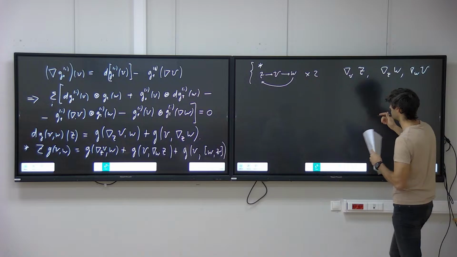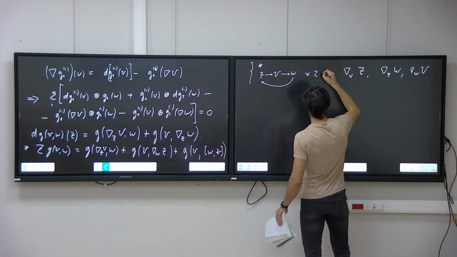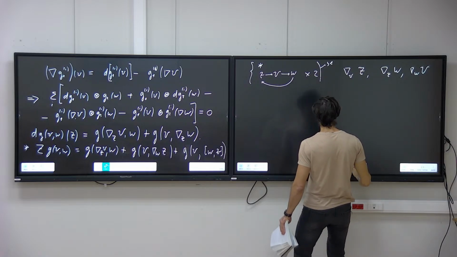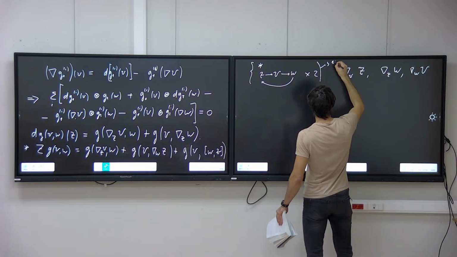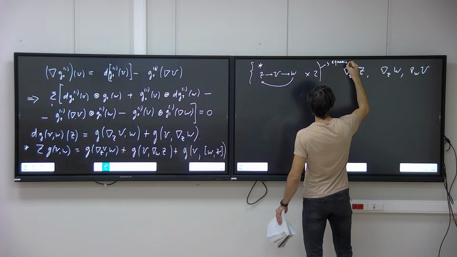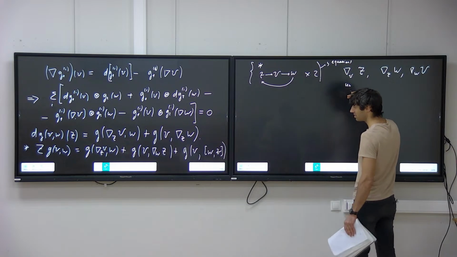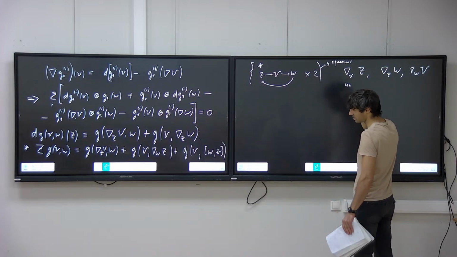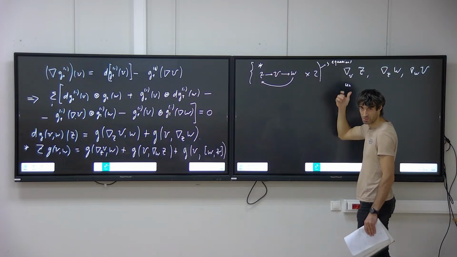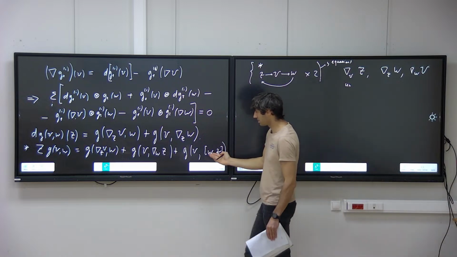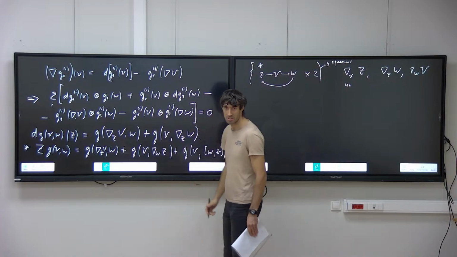All right, so 3 equations. And these are unknowns. And this is really a linear system of equations for 3 unknowns, because G is linear in both arguments.